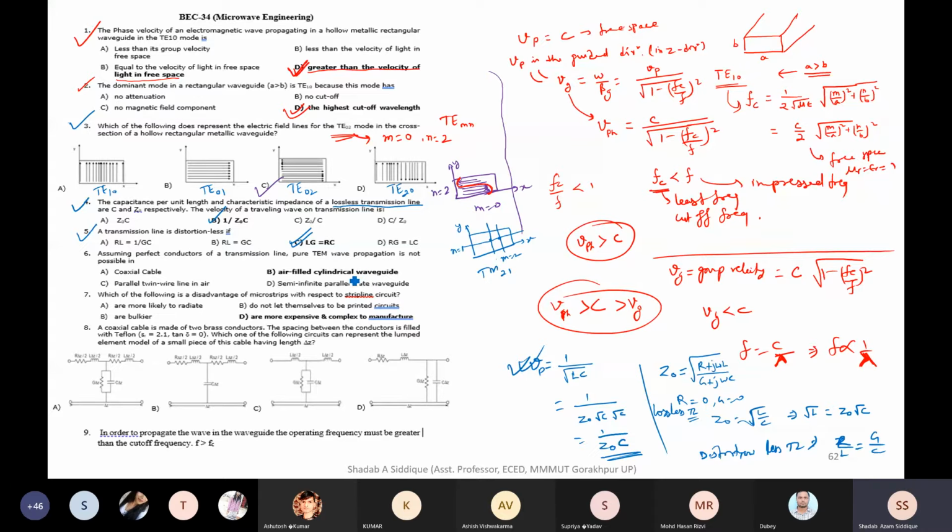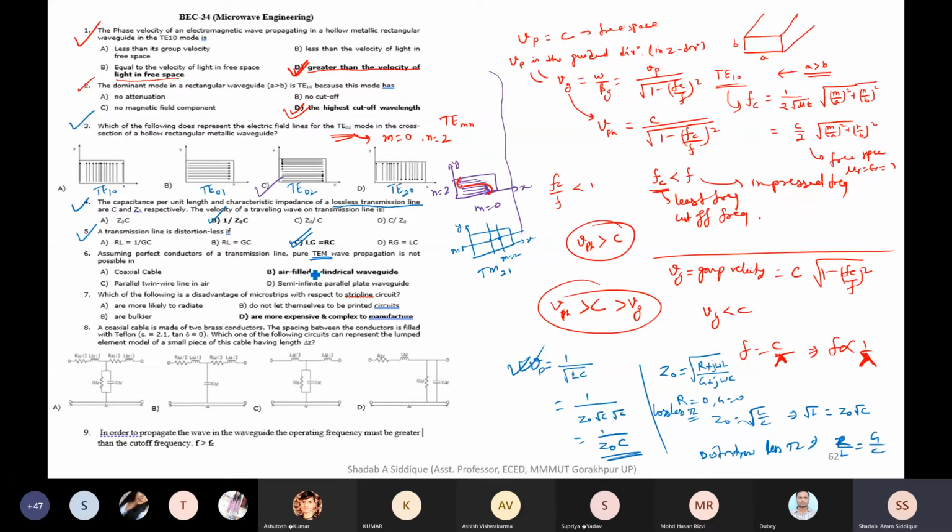While we were discussing the types of transmission line, I told you that we have a single conductor transmission line and a multi-conductor transmission line. In the single conductor type we had the waveguide.